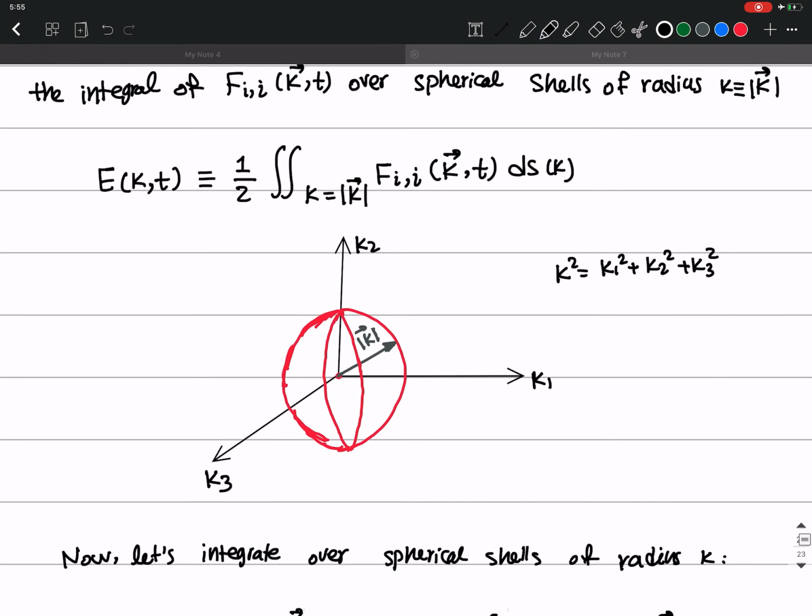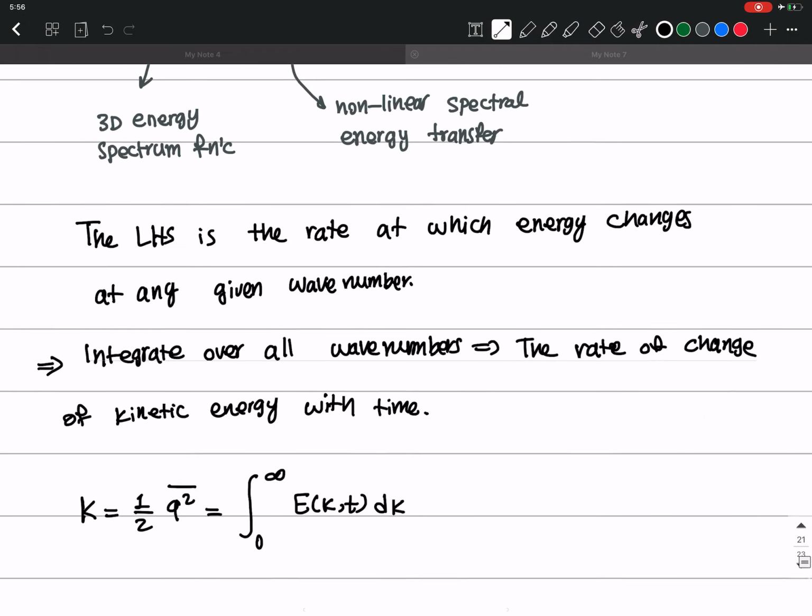In other words, if you take the integral of the energy over all wave numbers in the whole space, you get the total turbulent kinetic energy in the system.